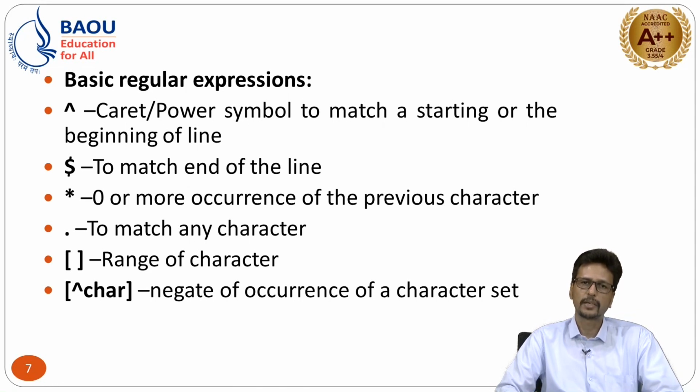Don't confuse it with the caret sign used individually. If you use the caret sign without the square bracket, it represents the beginning of a line or of a particular string. But here you are using it in the square bracket, which means it is the negation.